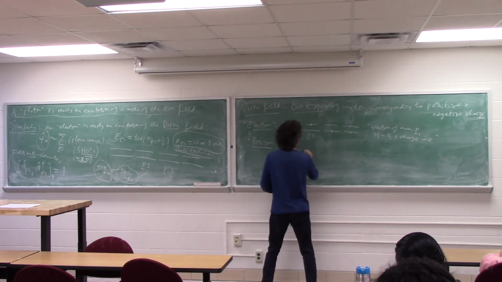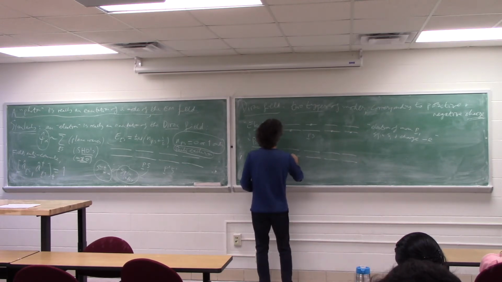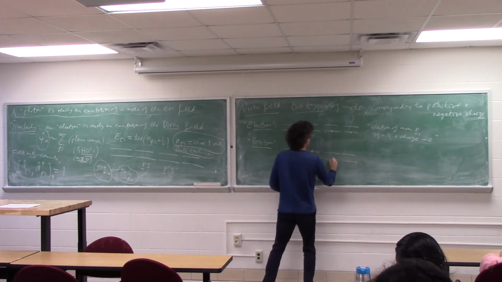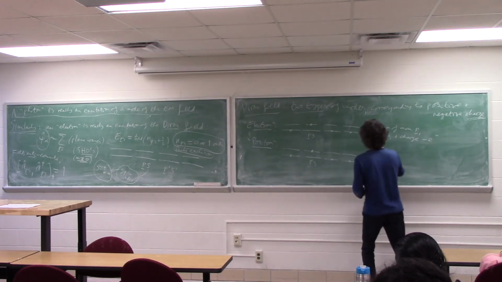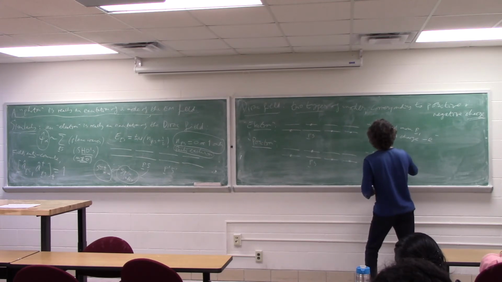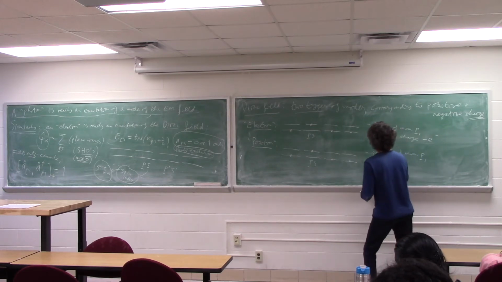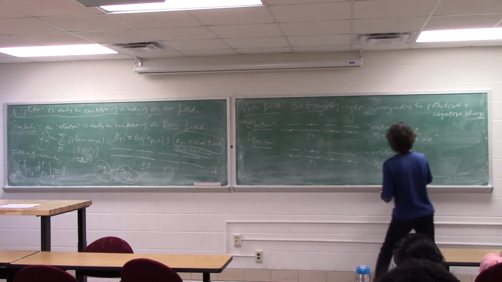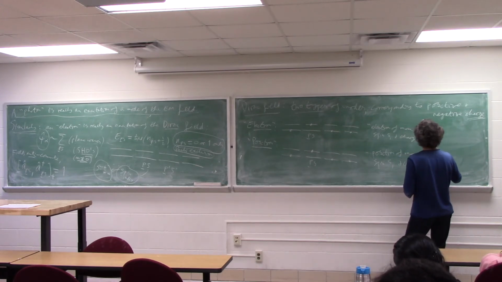So if one of these modes is excited, this corresponds to a positron of momentum p, spin s, and charge plus e.